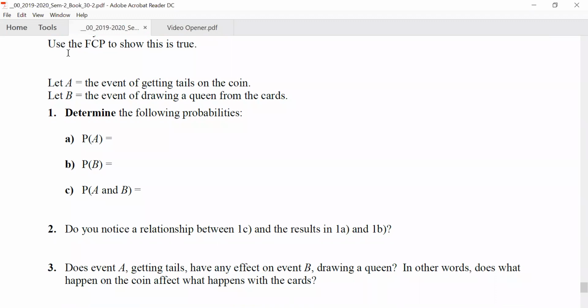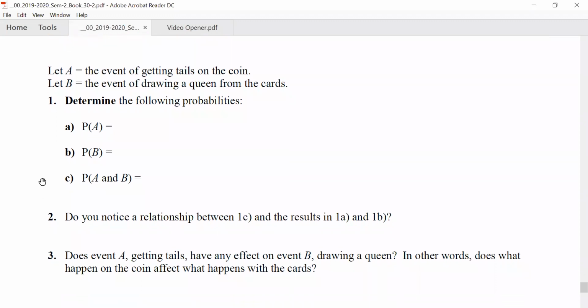Let A be the event of getting tails on the coin. Let B be the event of drawing a queen. So what is the probability of getting tails on a coin? Well, that's 1 over 2. What's the probability of getting a queen from the cards? 1 over 3. C says probability of A and B. So let's figure out what that means first.